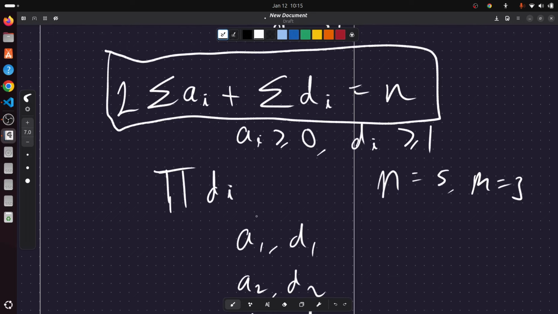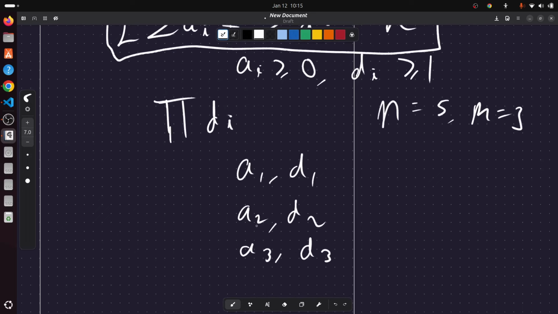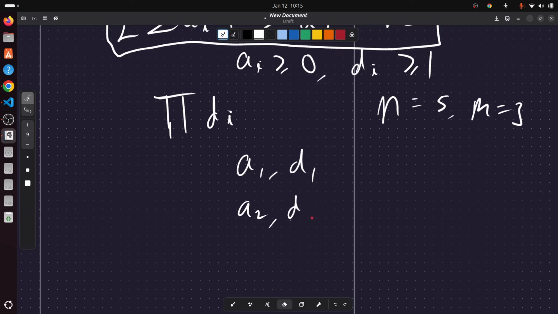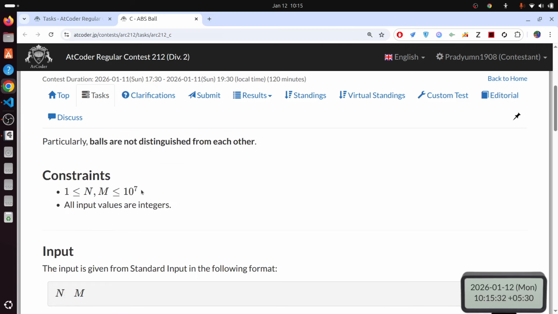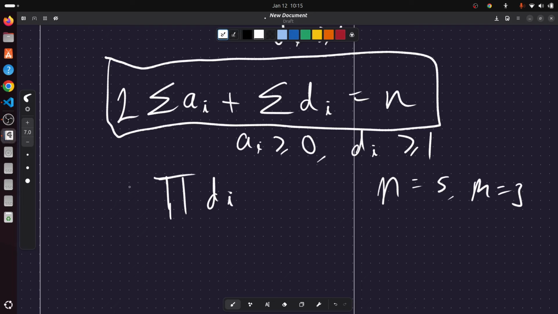So this is the thing now. Now the main idea is that the constraints on n and m are small, right? So actually I'll try to iterate over some quantity. Here my condition is that 2 into summation ai plus summation di is equal to n, such that the ai's are greater than or equal to 0 and the di's are greater than or equal to 1, right?